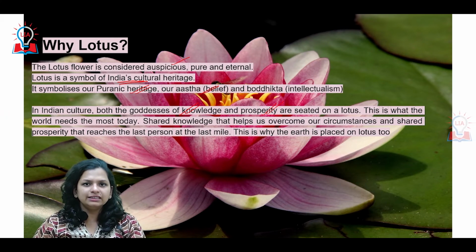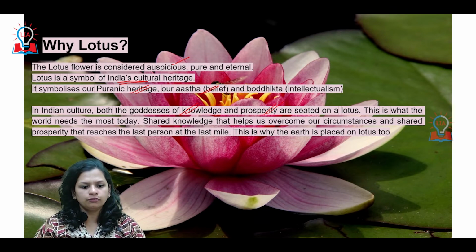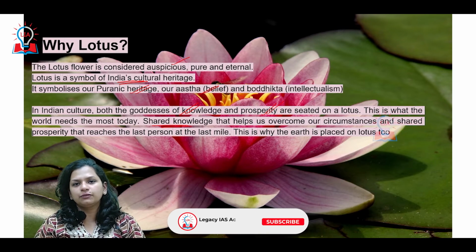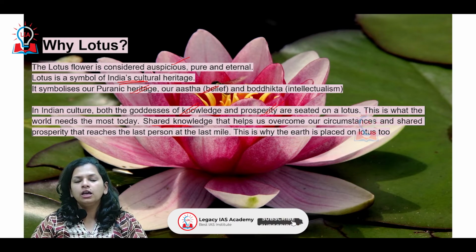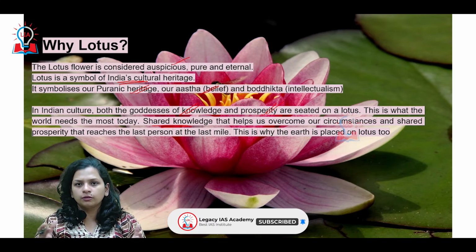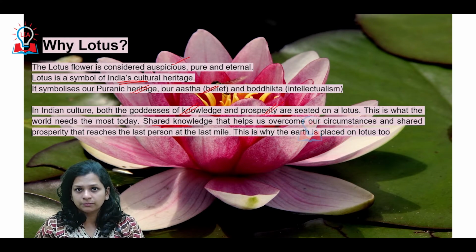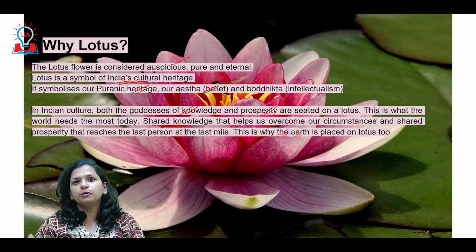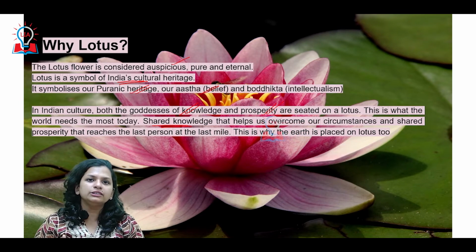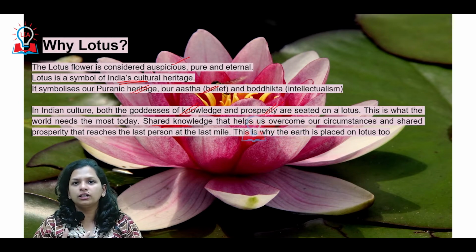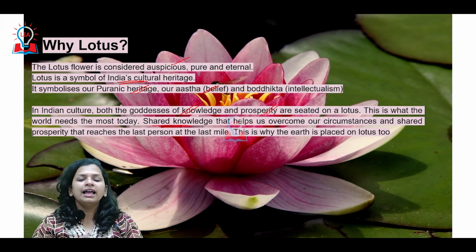So basically this is the concept of knowledge and prosperity, the shared knowledge by which we can overcome the challenges that we face. We're talking largely of the world coming together, of multilateralism. What India is trying to promote is that the entire world needs to come together, have knowledge exchange, help each other and help each other grow.